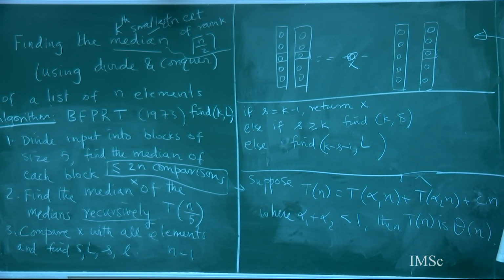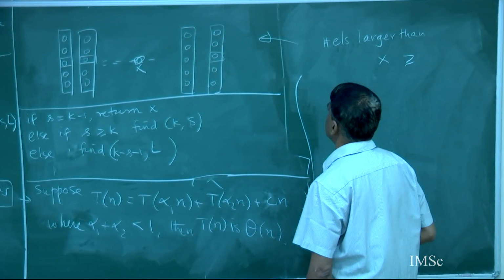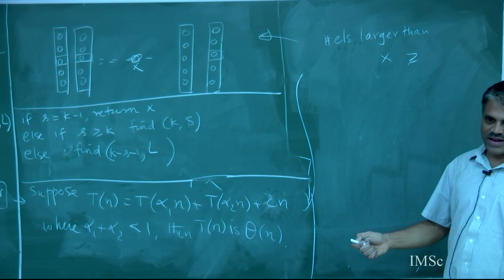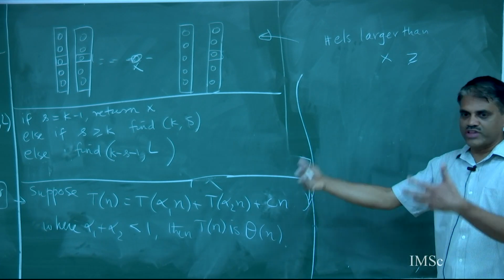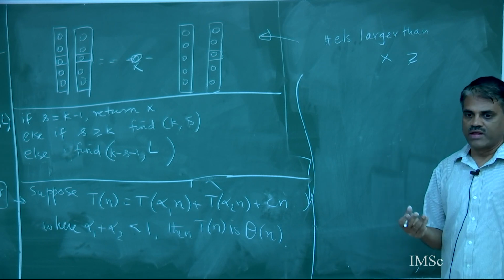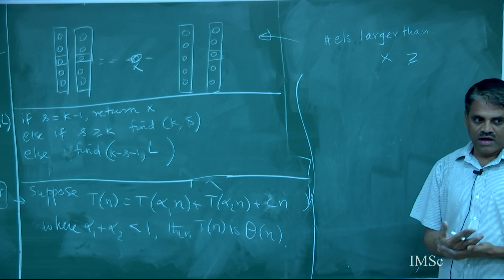Number of elements larger than x is greater than or equal to what? x is a median of n over 5 elements. So at least half of them are bigger than that. What is that? n by 10. At least n over 10 are bigger than it.